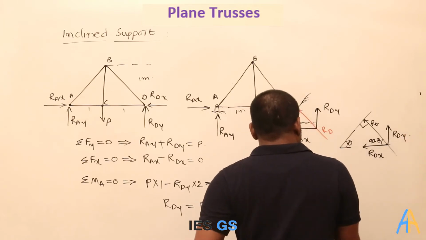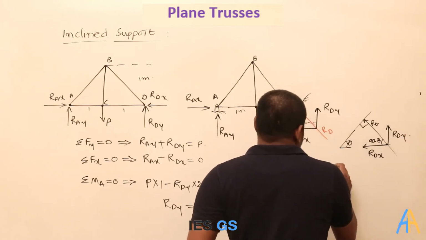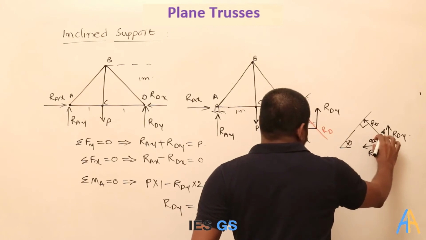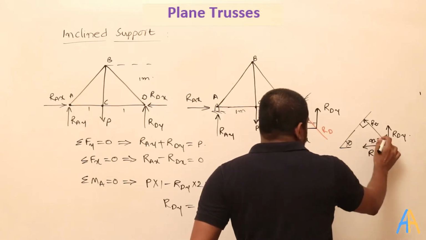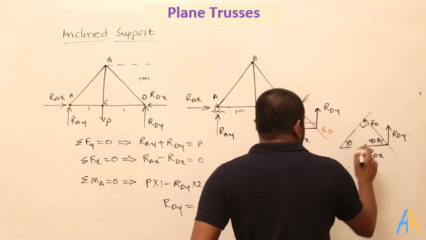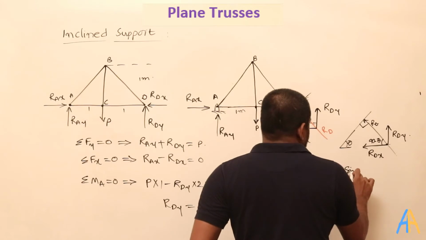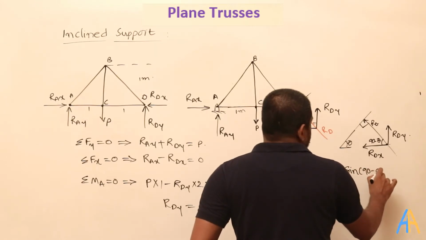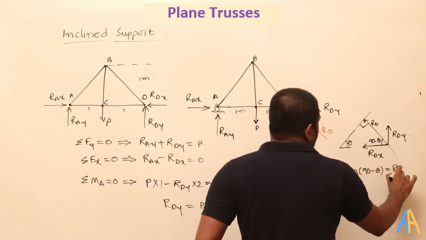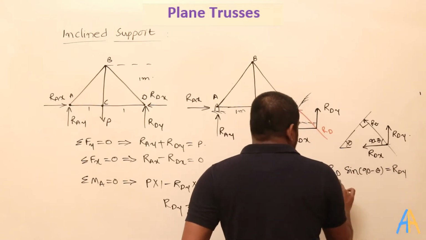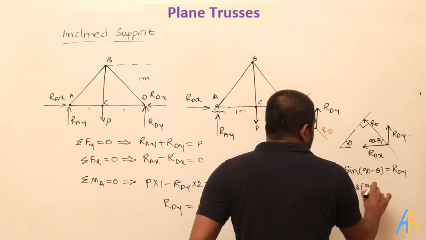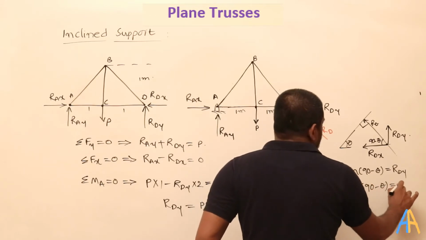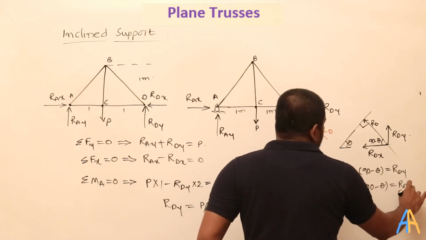So this is 90 minus theta. If I write the components of RD, the cos term is horizontal and the sin term is vertical. So RD into sine of 90 minus theta is equal to RDY. Otherwise, RD into cos of 90 minus theta equals RDX.